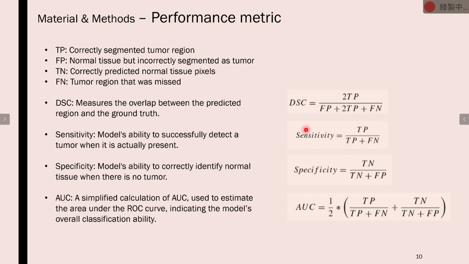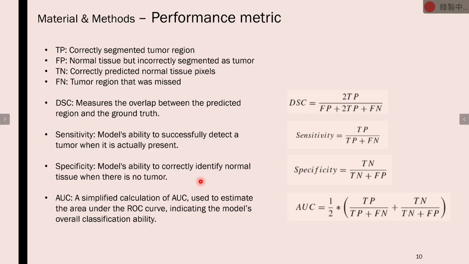For performance metrics, they use four metrics to evaluate performance: the DSC, sensitivity, specificity, and AUC. The DSC means the overlap between the prediction and the ground truth. Sensitivity is the model's ability to detect the actual tumors.